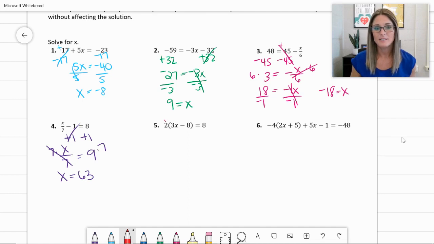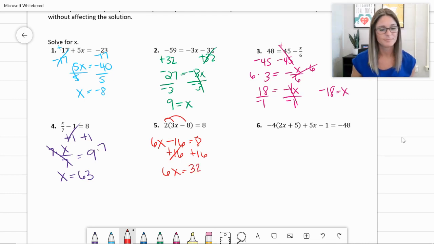Number 5, we've got some distributive property here. So you're going to always take care of that first. 2 times 3x, 6x. 2 times the negative 8 is negative 16. Now this is kind of like your classic two-step equation. Add the 16 to both sides. 6x equals 24.